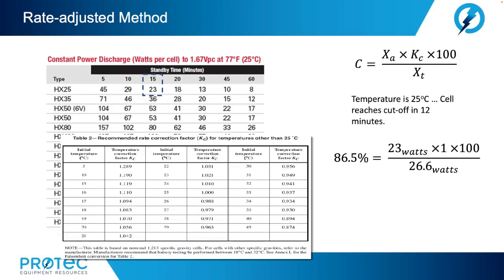So in order to get the 12-minute, we have to extrapolate between the 29 watts per cell and the 23 watts per cell. And that's how I came to the value of 26.6 watts in this example. When we plug all the variables into the equation, we see that the cell is at a capacity of 86.5%.